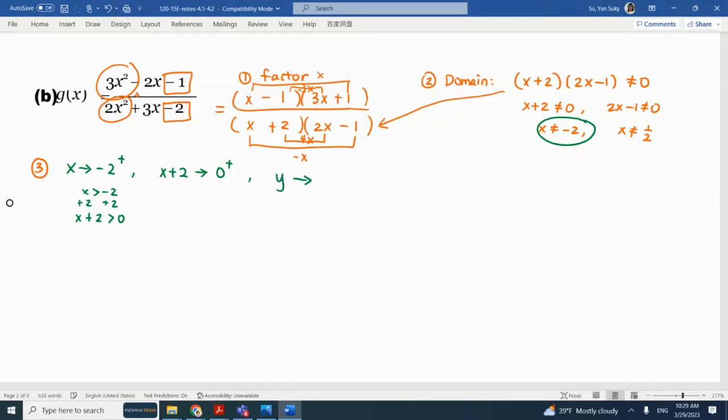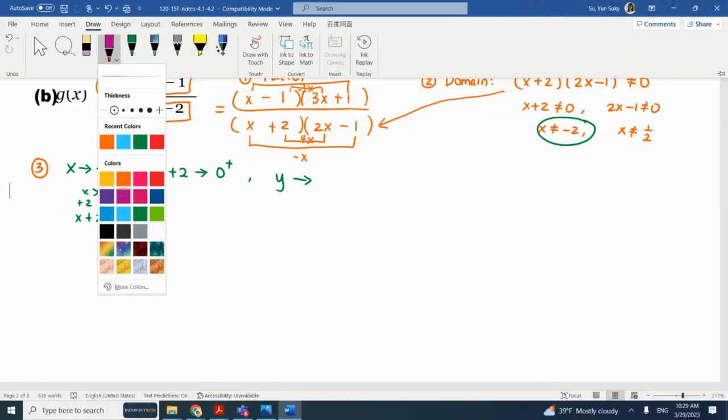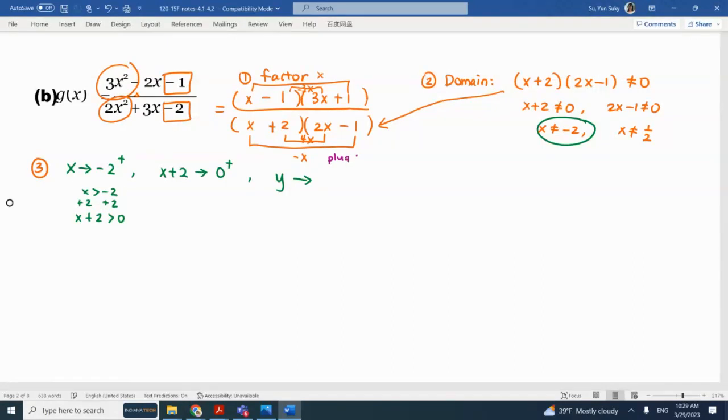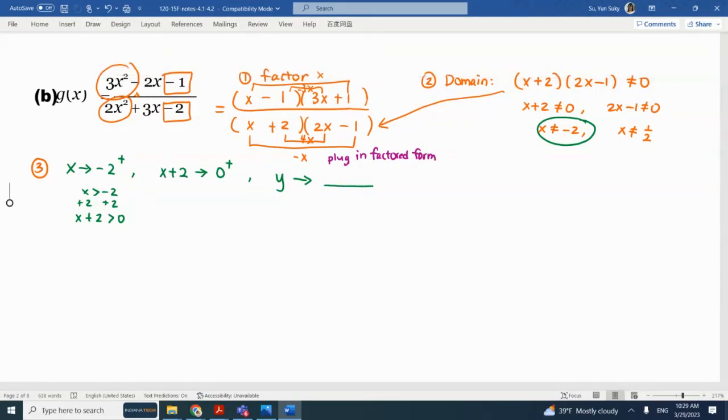Y goes to. Okay, so now we plug in the factored form. This is so important. Make sure you plug in the factored form.